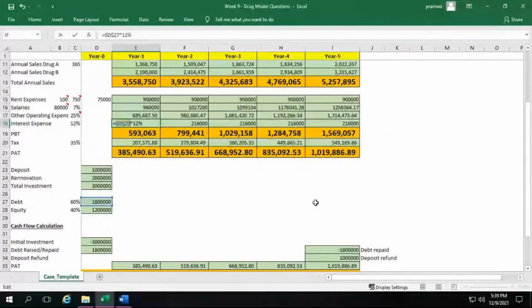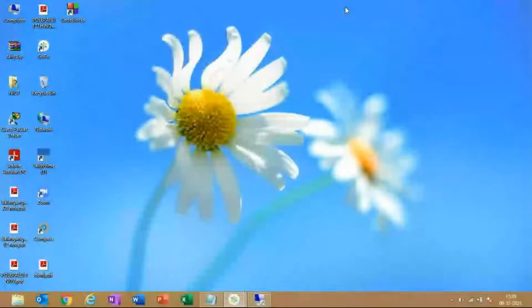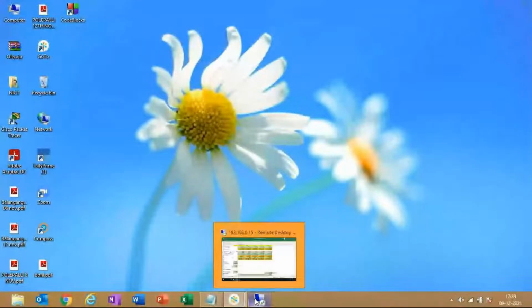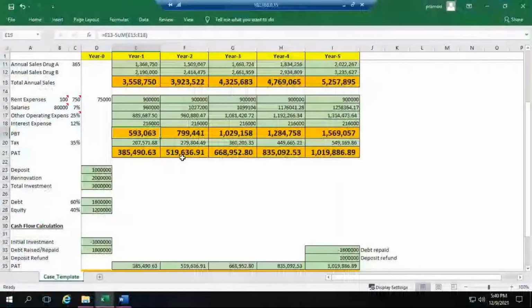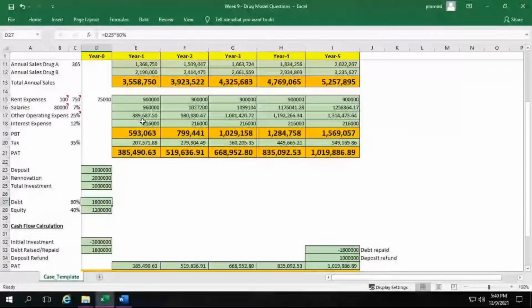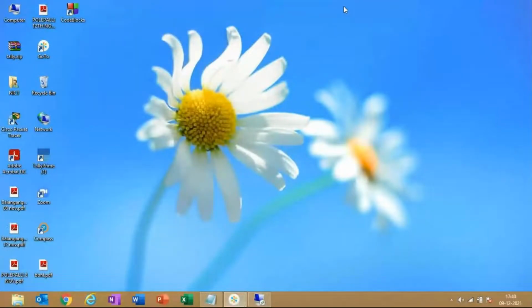If I make it absolute, it will not change the reference when you drag it. So interest expenses will be calculated on debt into 12%. If you are dragging, make D27 absolute by pressing F4. Understood?